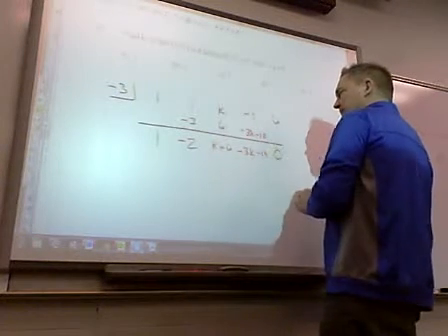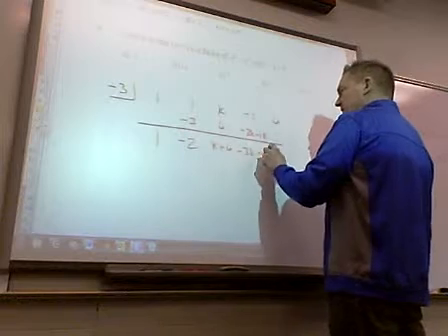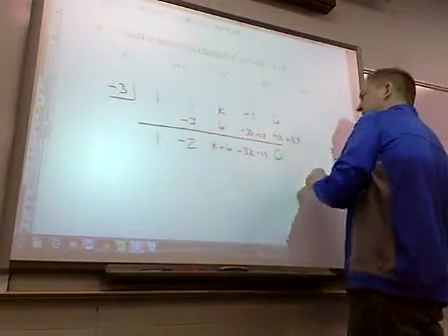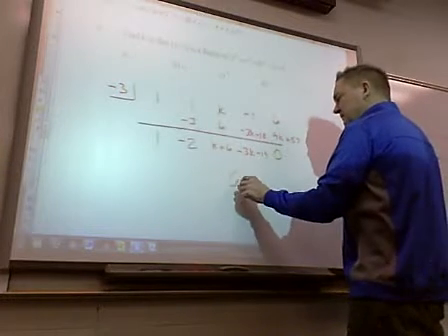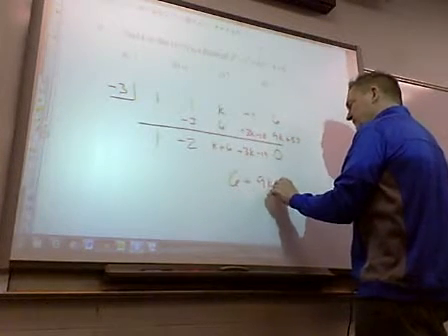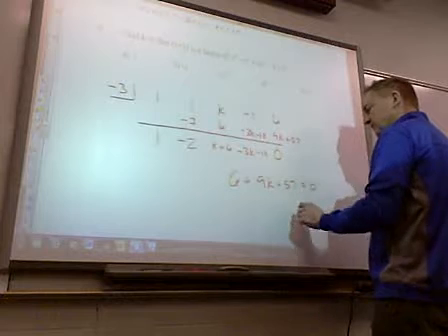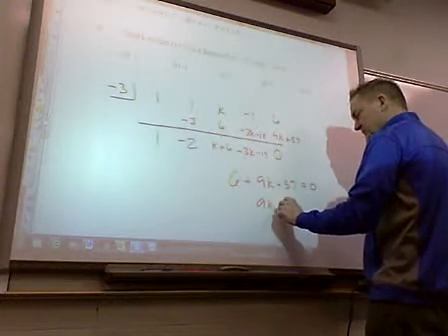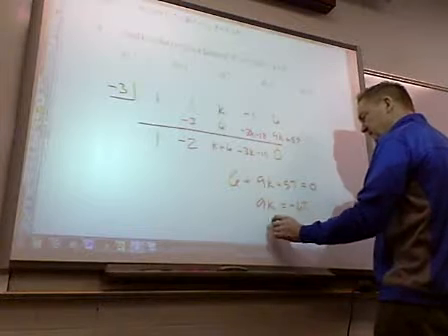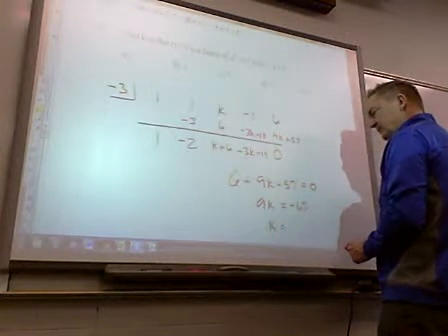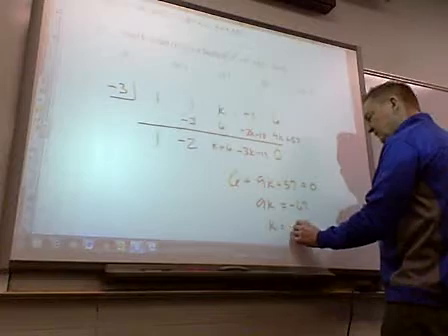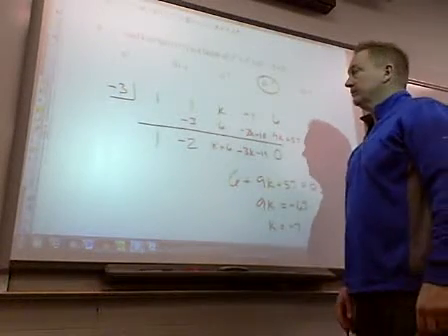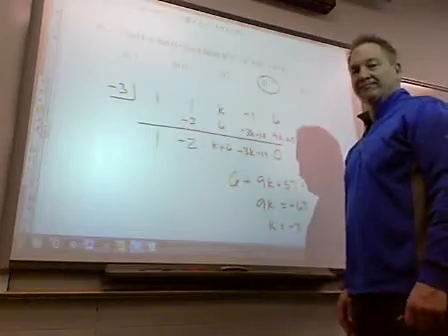And if you multiply by negative 3 there, now you get positive 9k plus 57, and 6 plus 9k plus 57 has to equal 0. 9k plus 63, or I can subtract 63 from both sides to get that. So 9k must be negative 63, k must be negative 7. That's one way to do it. Now I'm just going to stick with that.